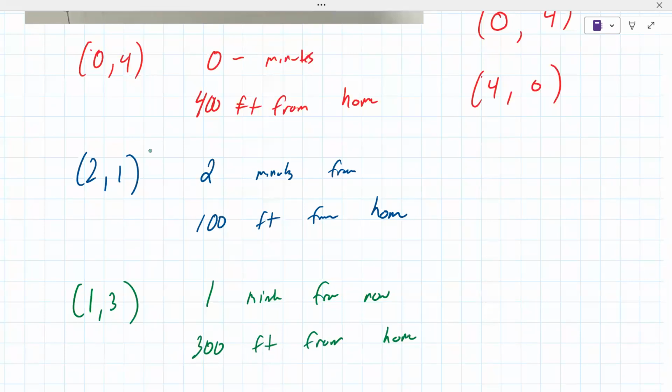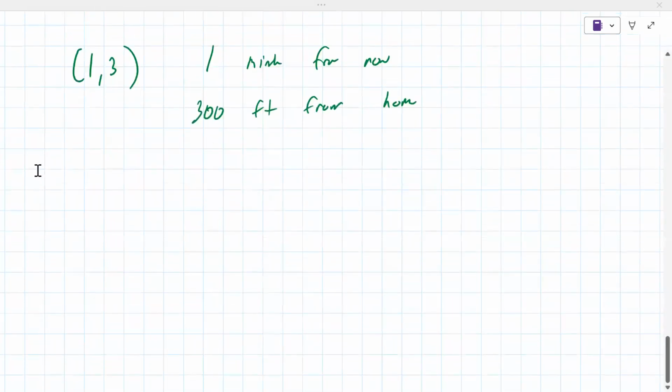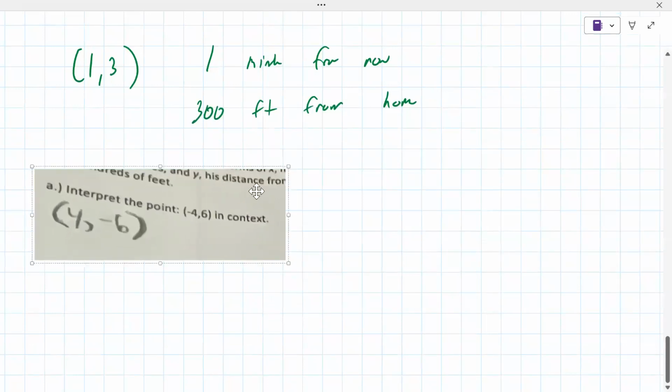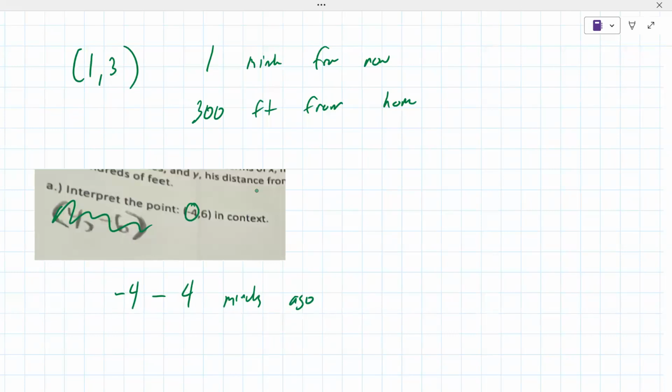Okay, very good. So now we can finally do question A, where it says to interpret -4, comma -6, which is what we've been doing. Forget about the fact that it's negative. That just means time in the past. So the -4 means 4 minutes ago or in the past.